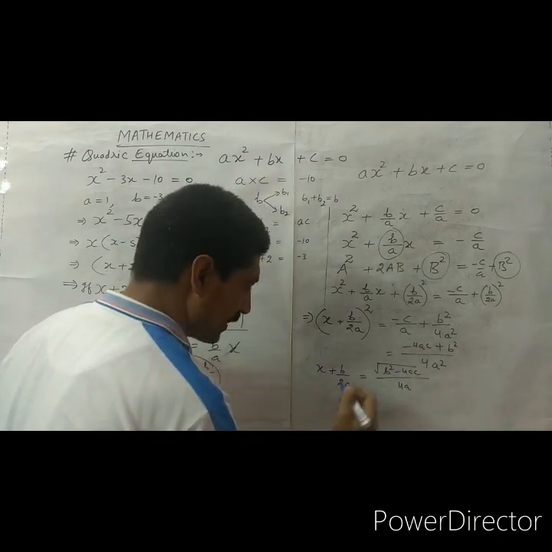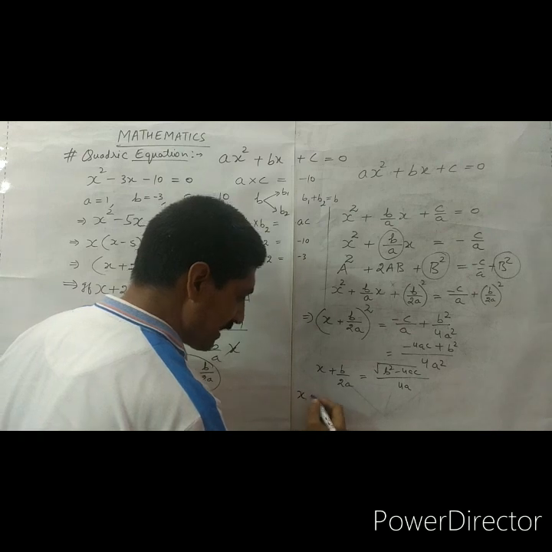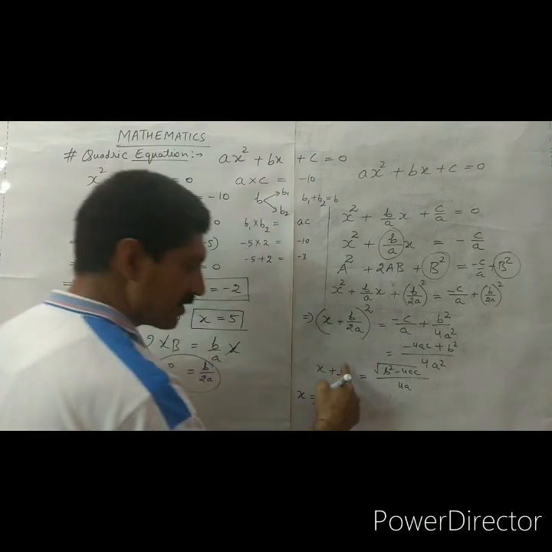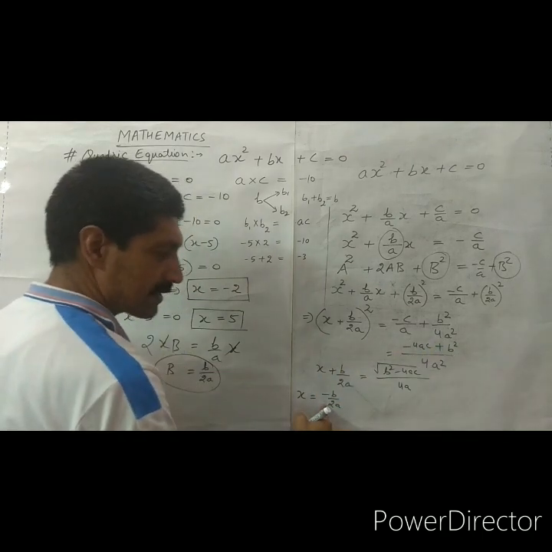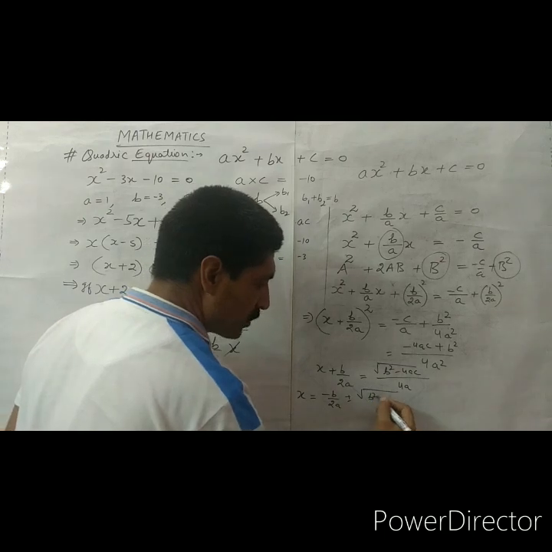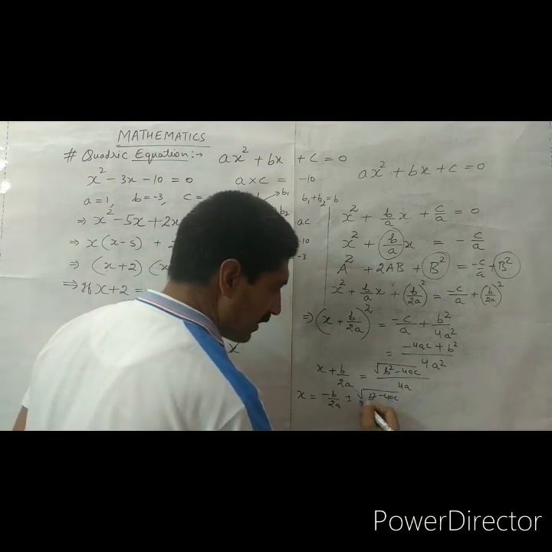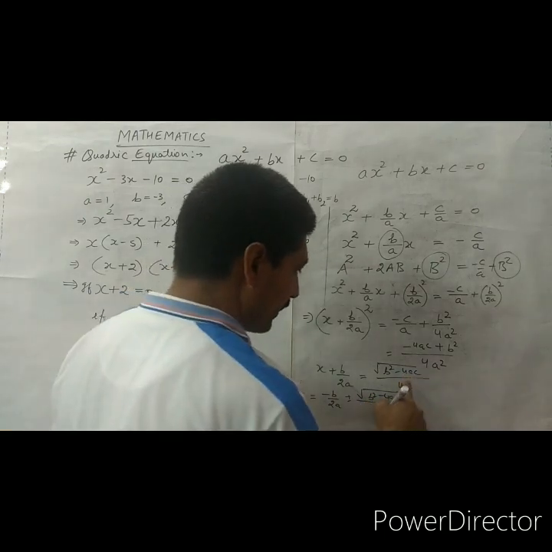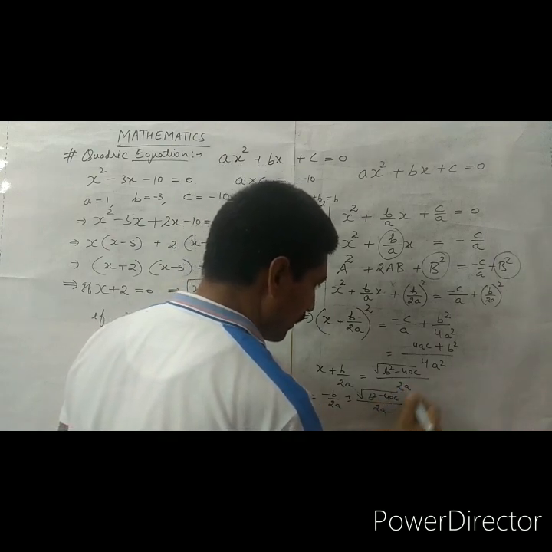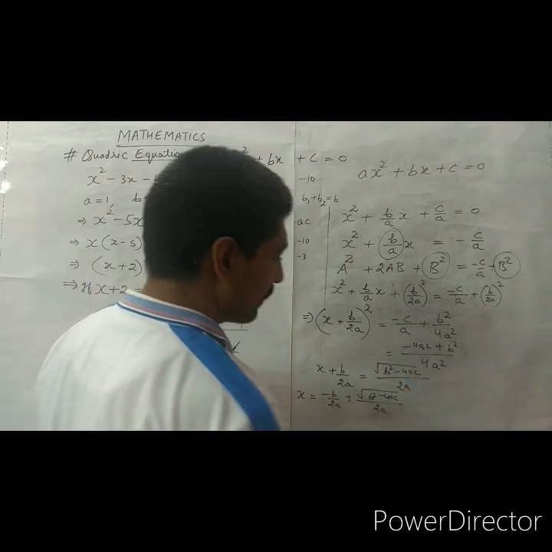Now what is x? This x is equal to minus b upon 2a, that side will be minus, plus minus under root b square minus 4ac upon, sorry, here it is 2a, that is, the under root of 4a square is 2a.